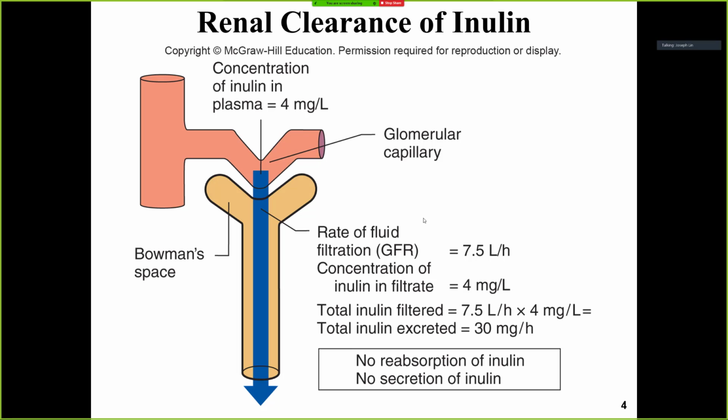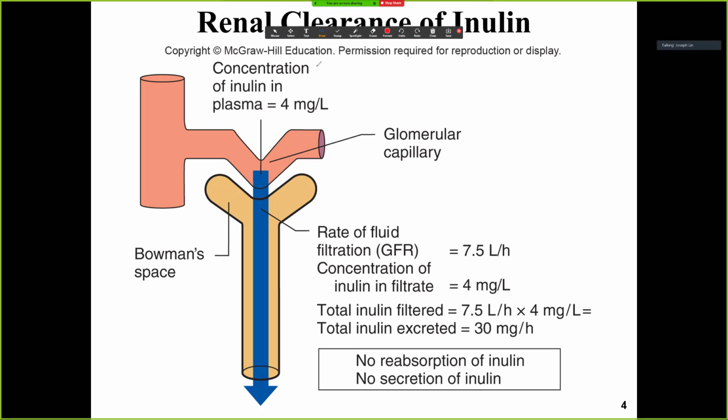So let's put some numbers together and give you a feel for how to visualize this, right? If you use inulin, you can look at the concentration of inulin inside the plasma. Let's say you have an arbitrary 4 milligrams per liter of this chemical in there. And like I said, inulin, for those that don't know, is a dietary fiber that you can't break down with enzymes.